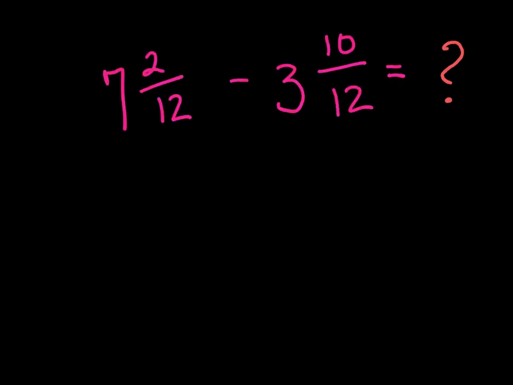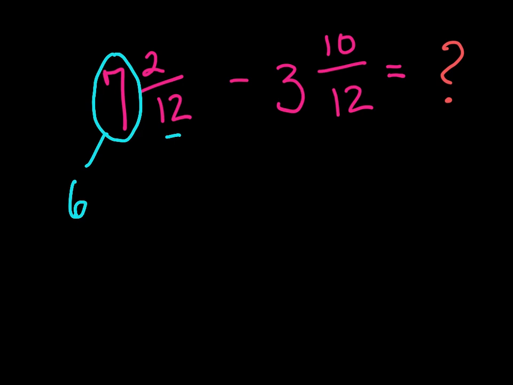7 and 2/12 take away 3 and 10/12. Well, we can't take 10/12 away from 2/12. So we're going to have to pull out that whole. So once I pull out this whole, we're left with 6 wholes.